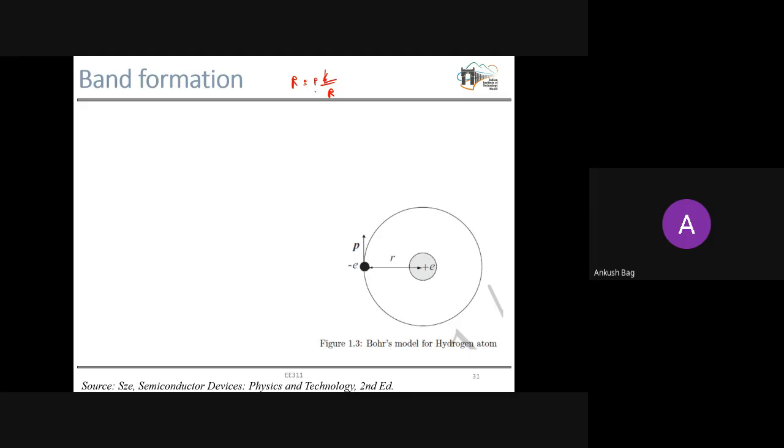Here our primary concern is to find out this conductivity, so this rho, or conductivity or resistivity. On which parameters this resistivity rho will depend, that is our main objective to find out.